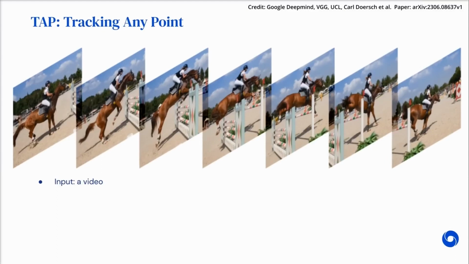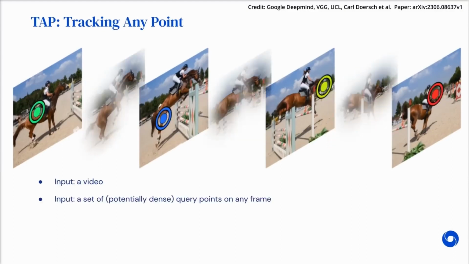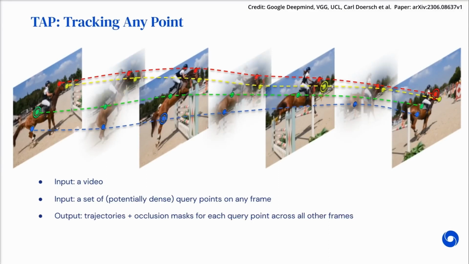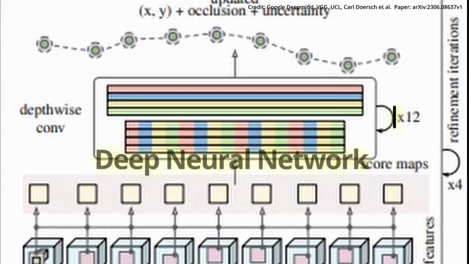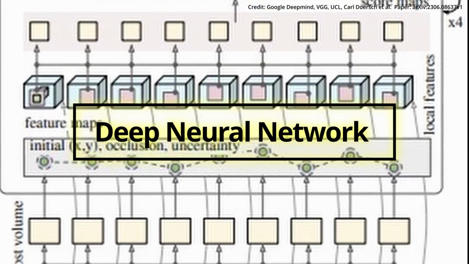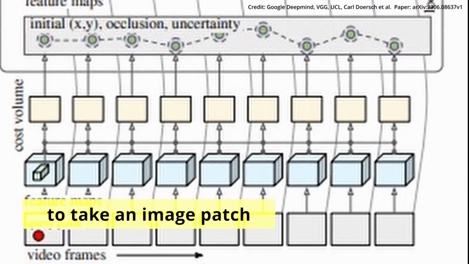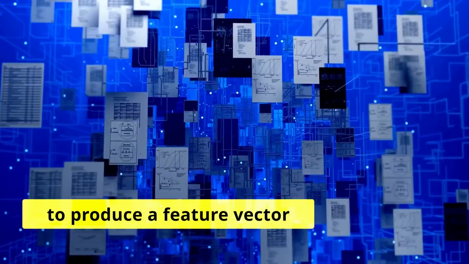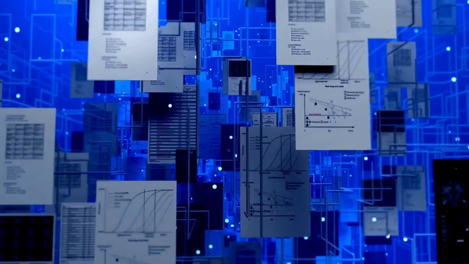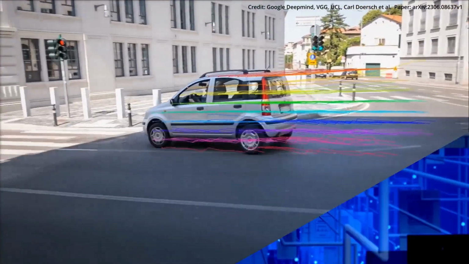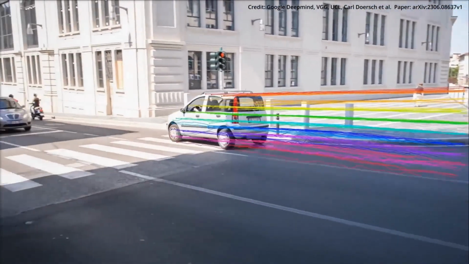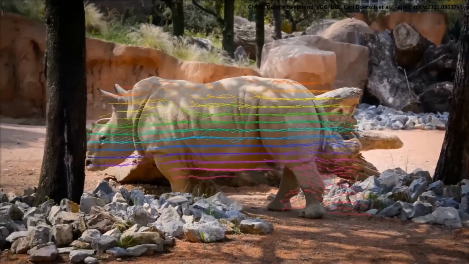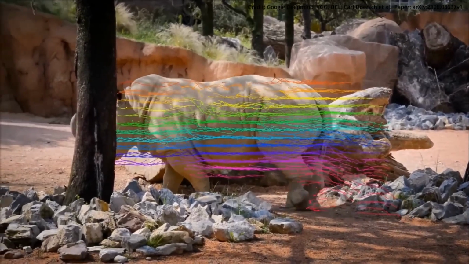An image patch surrounding the query point is used as input, and a deep neural network produces a feature vector that reflects the appearance of the query point as output to determine the candidate point match for the query point in each frame. The most similar feature vector is then selected as the candidate point match after this feature vector is compared to all other feature vectors that could possibly exist in each frame using cosine similarity.